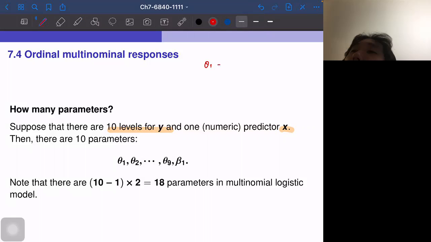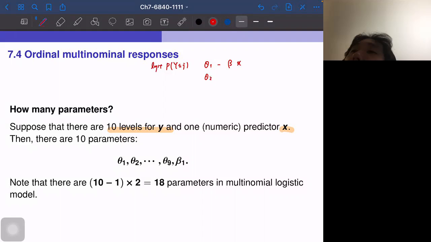This explains the probability of y less than or equal to 1, which is represented as theta 1 minus beta x. Maybe we have to change to the log scale, actually the logit function.